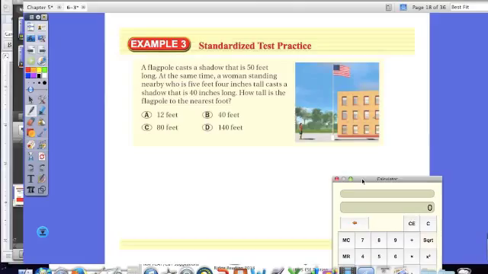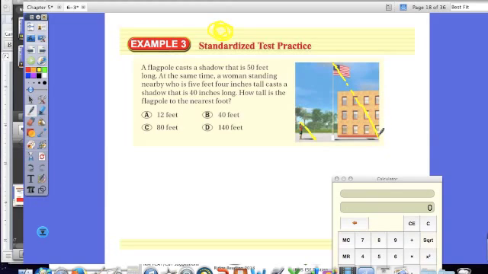And at the same time, a woman standing nearby who is 5 feet 4 inches is casting a shadow that is 40 inches long. Because basically the sun is so far away that as the sunlight hits the top of the woman, she creates a shadow, and the sunlight hits the top of the flagpole, creates a shadow.